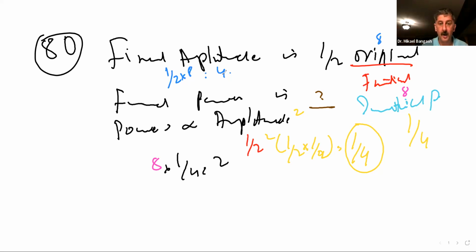And since none of the options that we were given says that the final power is 1/4 of the initial, none of the answers are the same.